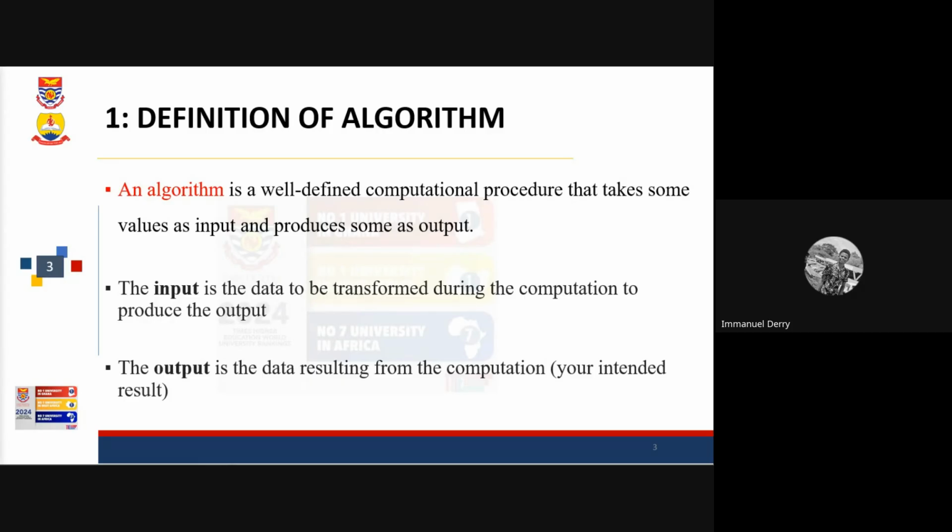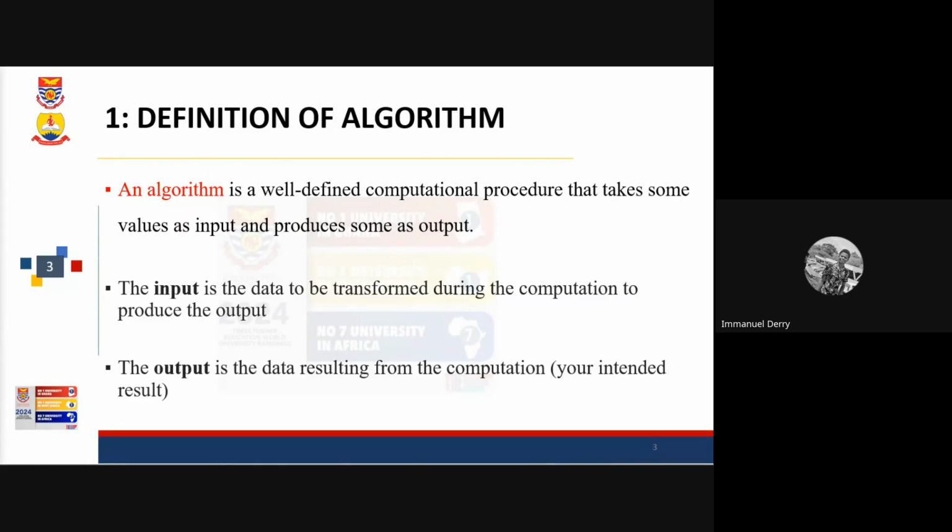So this leads us to what we call inputs. And I believe all of us know inputs. Inputs are basically data to be transformed during the computational process or procedure. And then the output is a result that the algorithm gives to us, or what we expect the algorithm to produce.